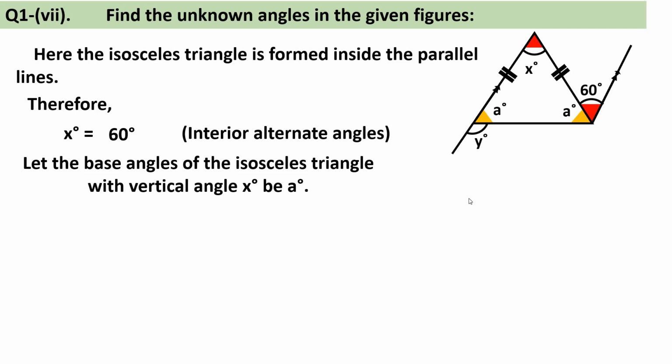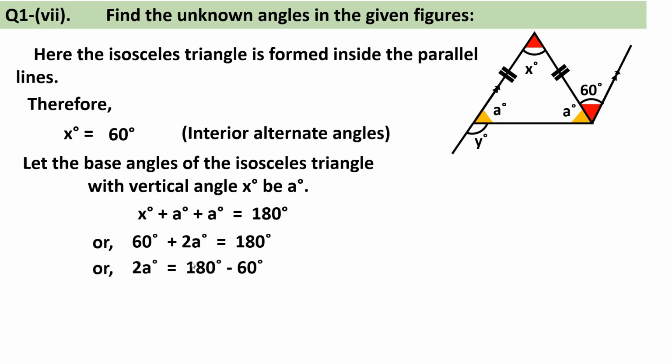So let's put the property of triangle, that is the sum of the interior angles makes 180 degree, or x is 60 degree, which we found out earlier, and a plus a is 2a equals to 180 degree, or 2a equals to 180 minus 60 degree, which on solving gives us 180 minus 60 is 120, and this 2 when it comes down goes to the denominator.